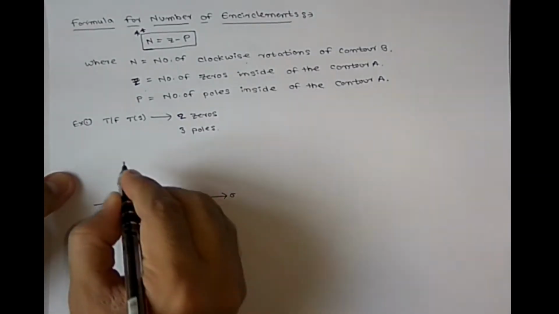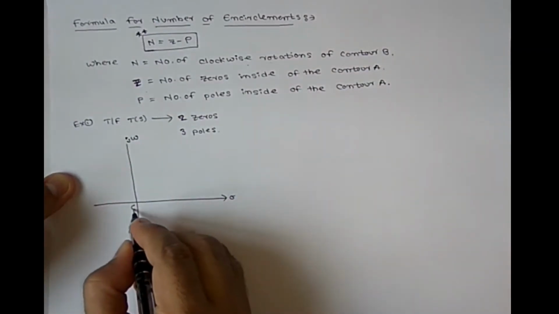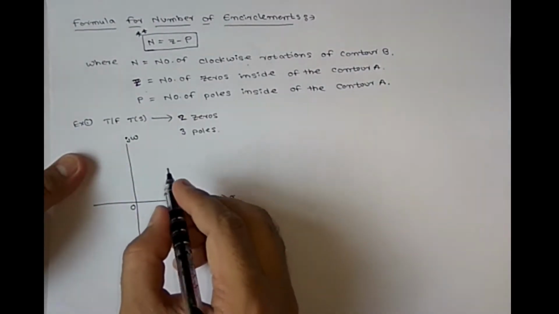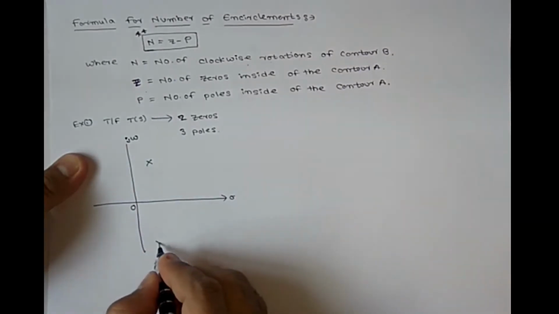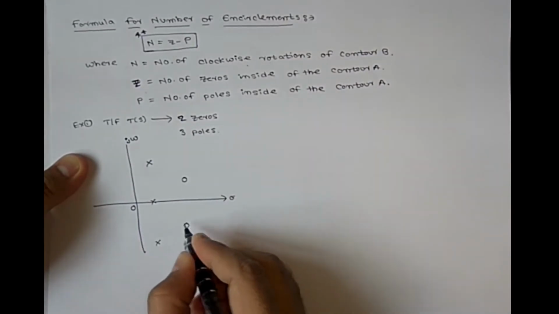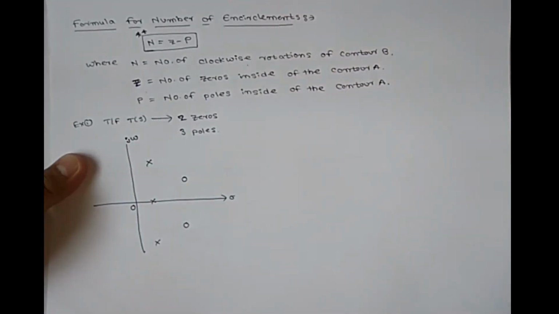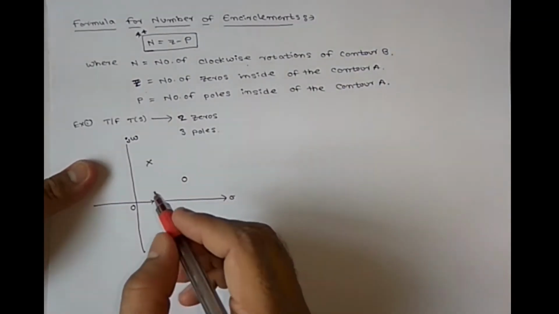Here sigma and j omega, this is the origin. So you assume that here we have three poles and two zeros. This transfer function is like this. Okay. So now suppose they have given a contour like this.